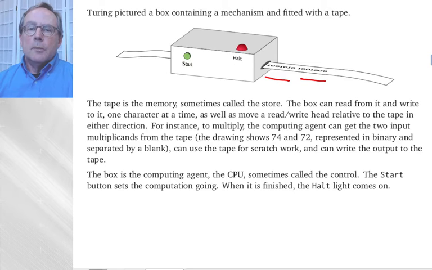The computing agent will get what it needs from the tape and also uses the tape as its scratch memory. You press the start button to set the computing going, and after a while, buzz, buzz, buzz, and then ding, up comes the red light, and we know that the computing is done. We look for the output on the tape. So it's very simple, very boiled down, very straightforward, no twists, no fetching from queues.